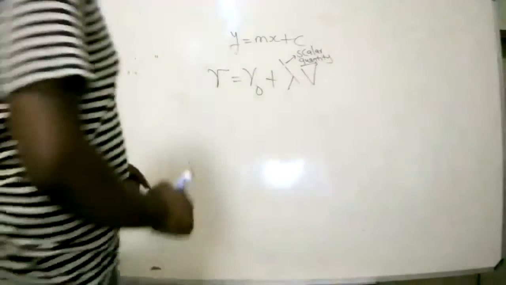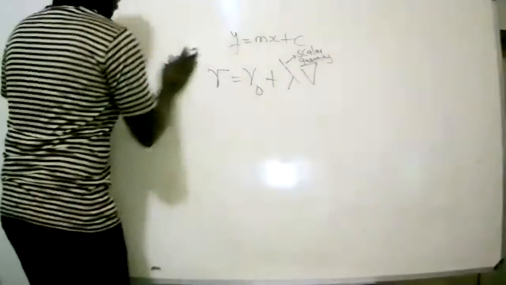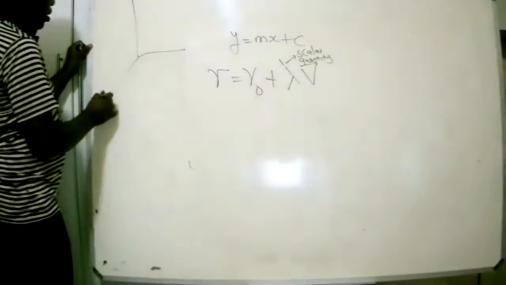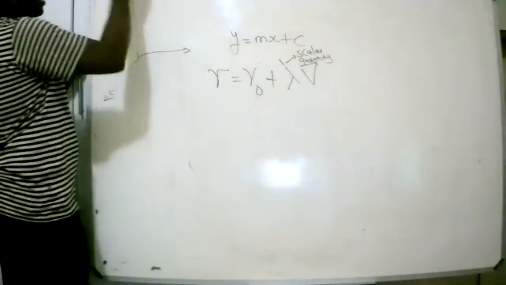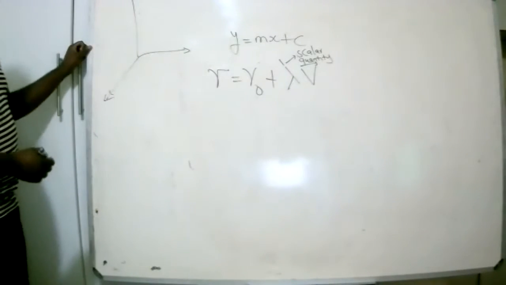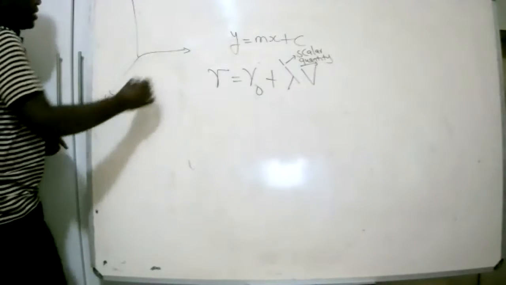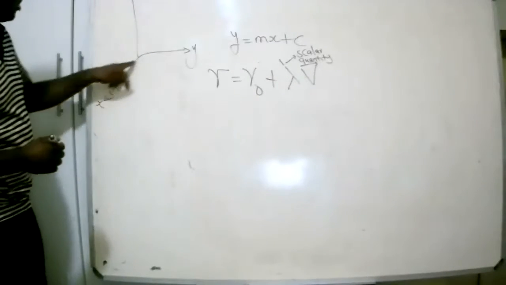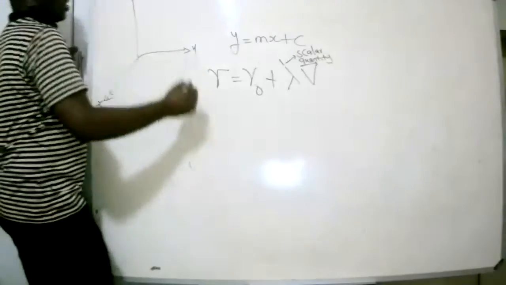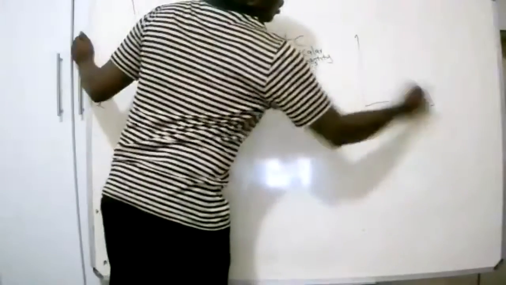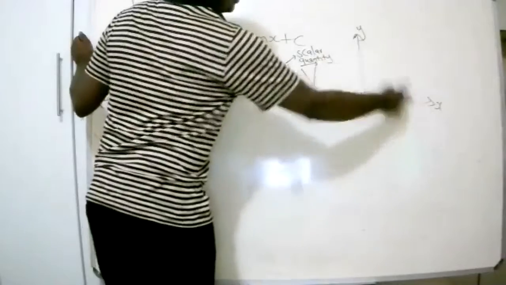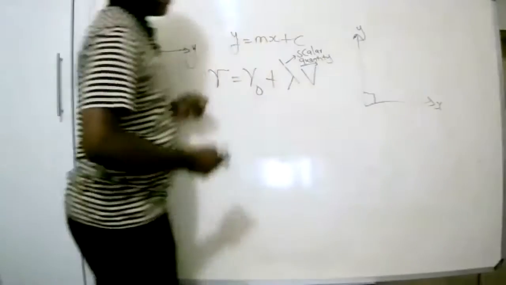Let's take an example. Let's say we are given points in 3 dimensions like this. This is a shape in 3 dimensions. So this is x, this is y and that is z. These are perpendicular to each other, like a Cartesian plane. We know x and y are perpendicular to each other.